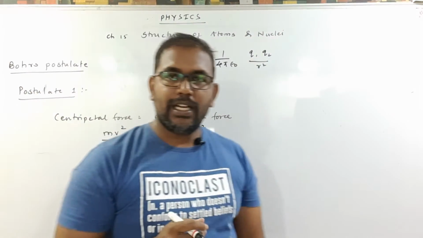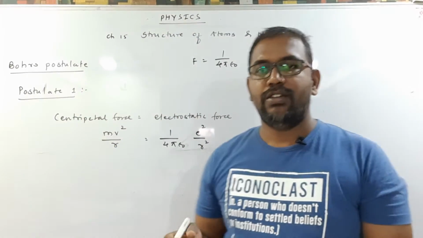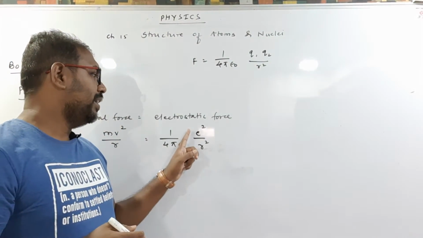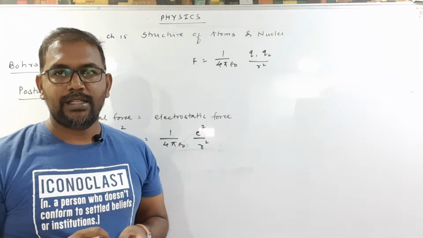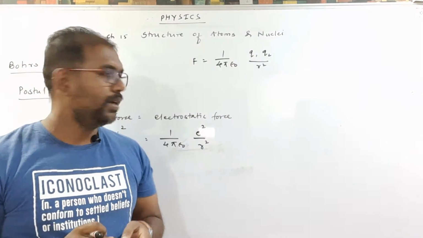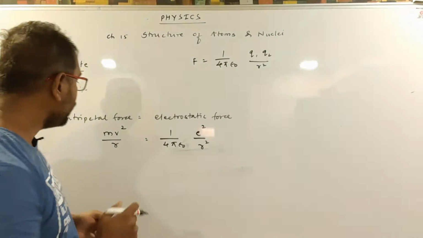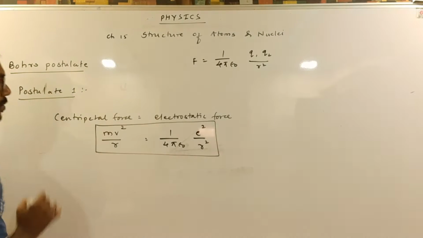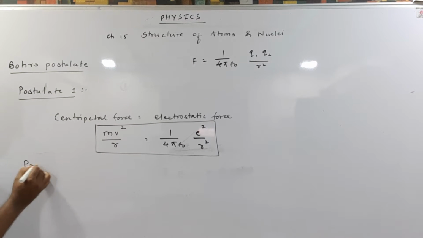If I consider any atom other than hydrogen, then I can write Ze square, where Z is the atomic number, into this e square. So we get the formula for postulate 1. In a similar manner, postulate 2.